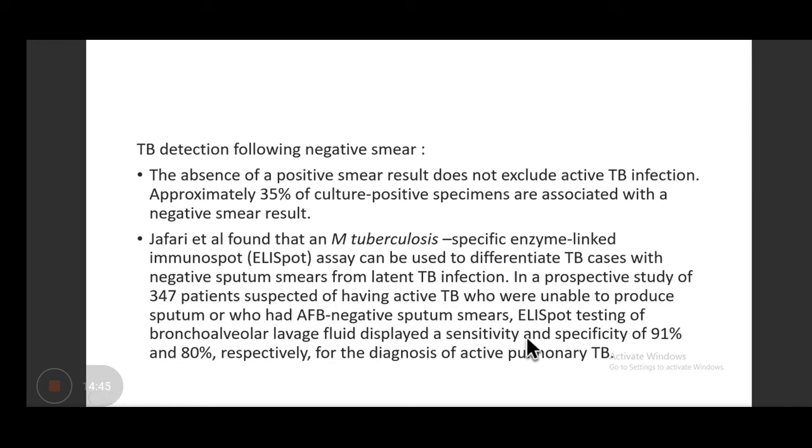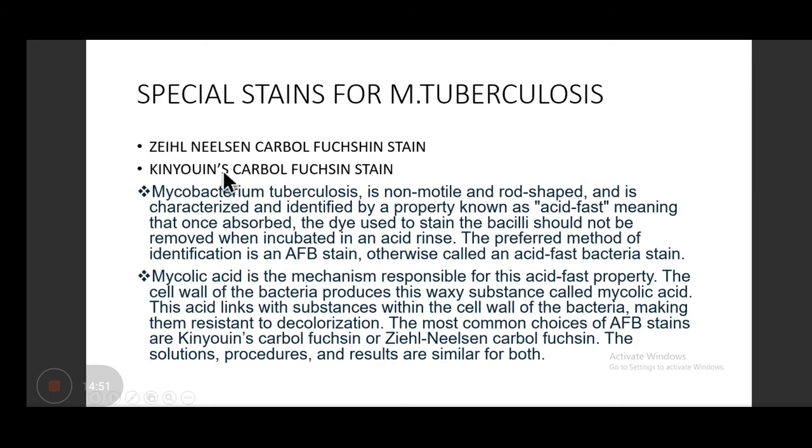It is still very new, but is found to be more sensitive and specific. So the question that I had asked you, another stain for sputum smear: apart from Zn carbol fuchsin stain, you can also use Kinyoun's carbol fuchsin stain. So these are the special stains for MTB.